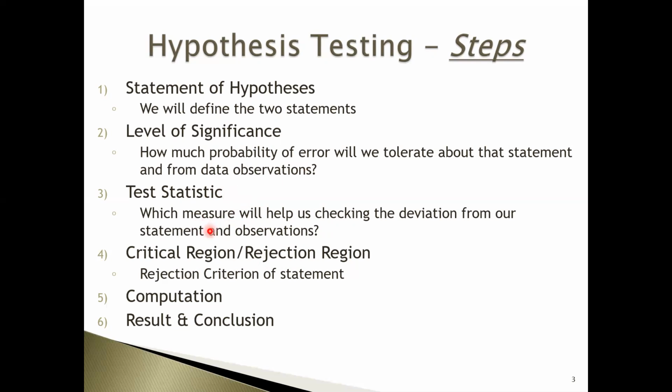The test statistic has too many scenarios and is based on too many conditions, so the detail will be discussed in another lecture. The computations we can do in any statistical software. Our main concern will be SPSS, and then based on the above steps we make the resultant conclusion.